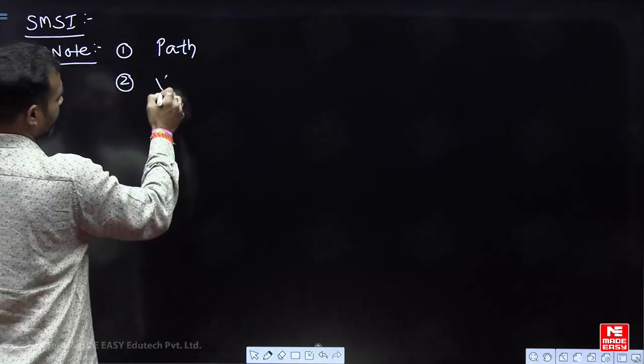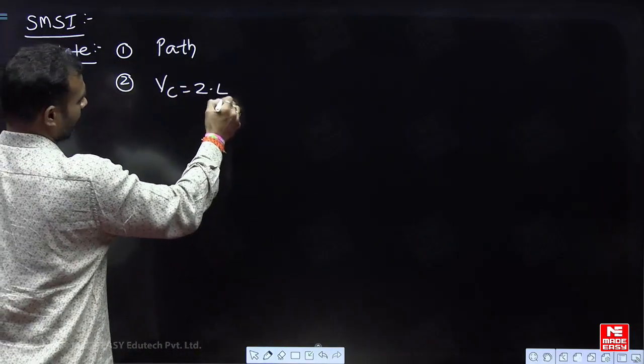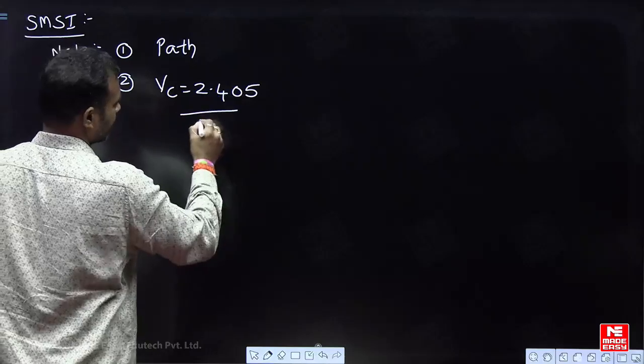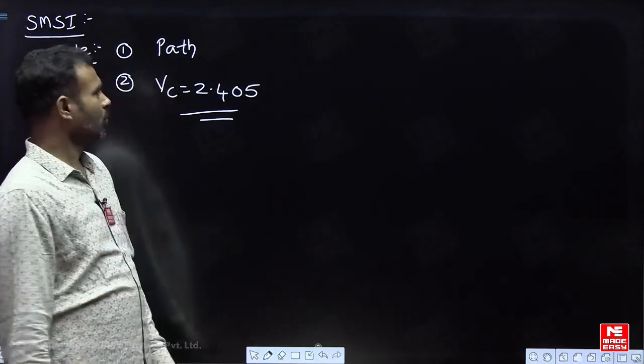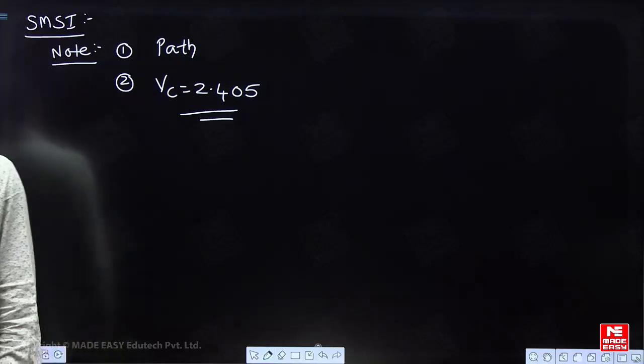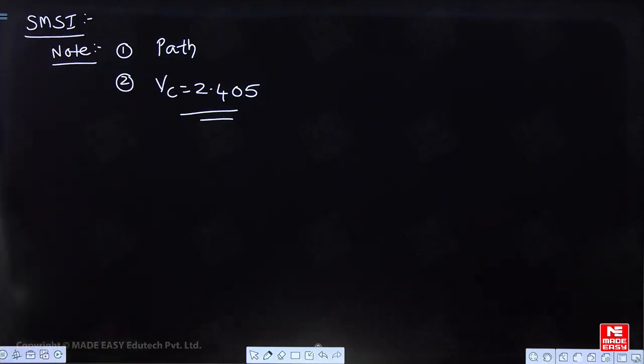See here, Vc is equal to 2.405, the nominal cutoff frequency.